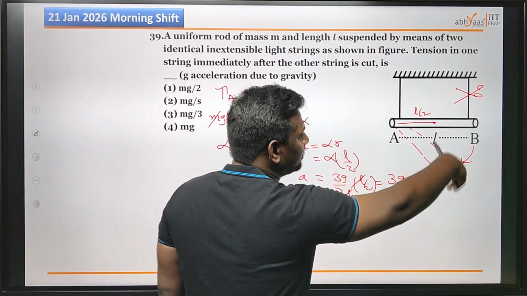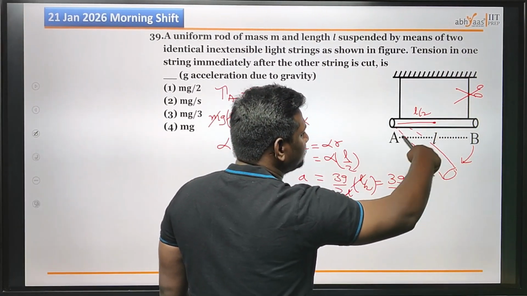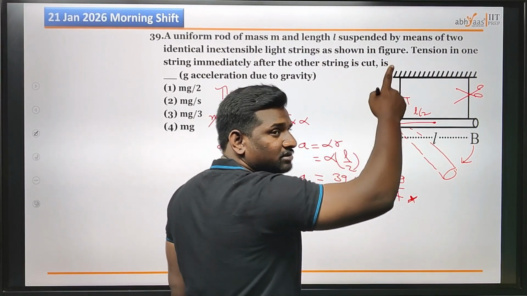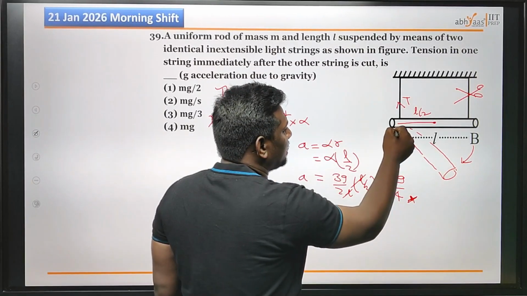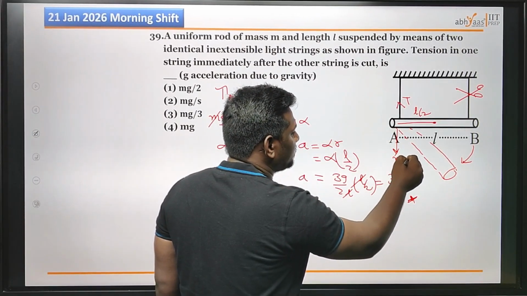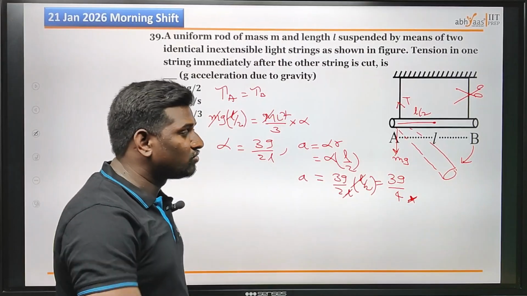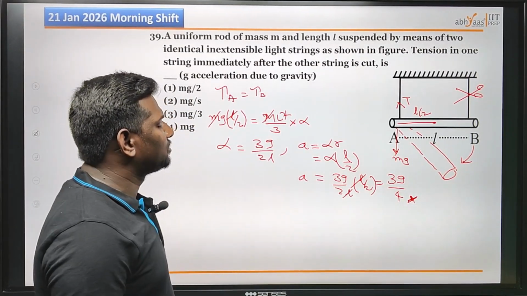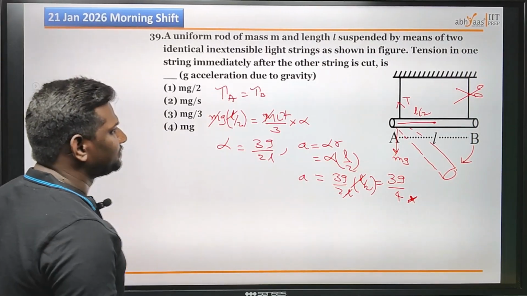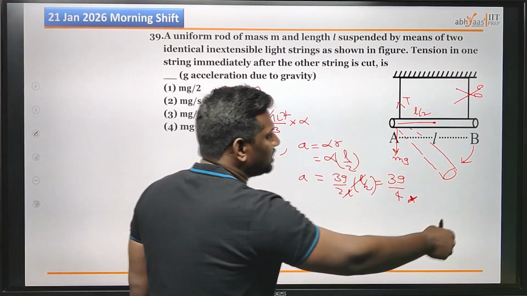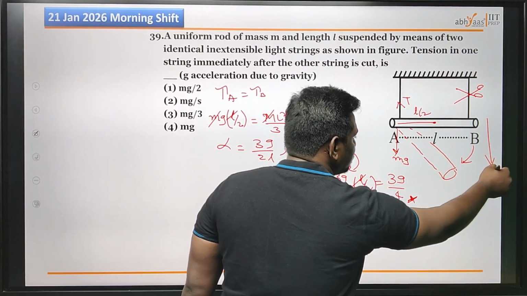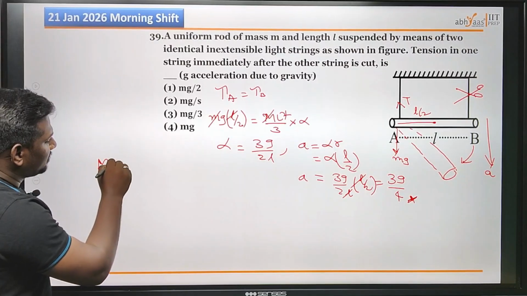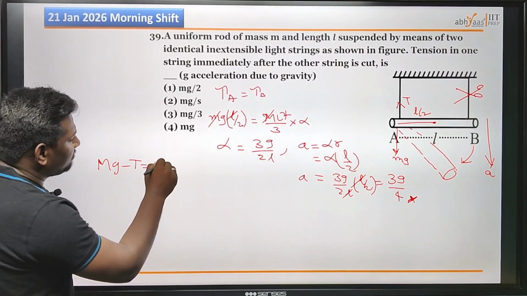This is a tension acting along the string, and we have the gravitational force downward. So from here the acceleration is downward. So mg minus T equal to ma.